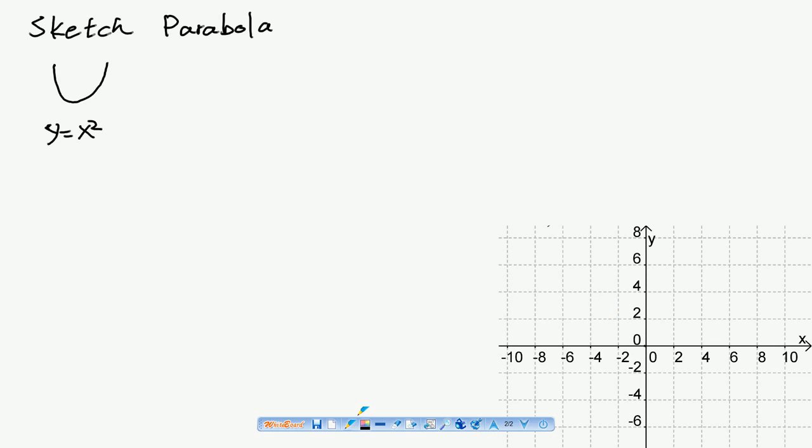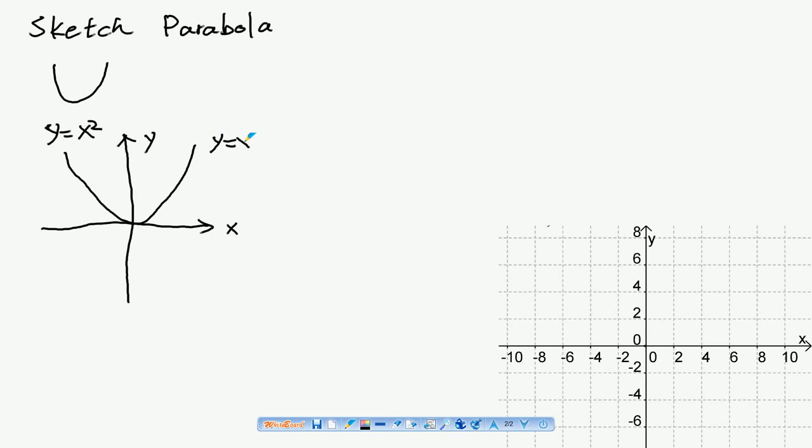Just sketch a graph. The parabola will be something like this. Okay, we have y equals x squared. This is our parabola.